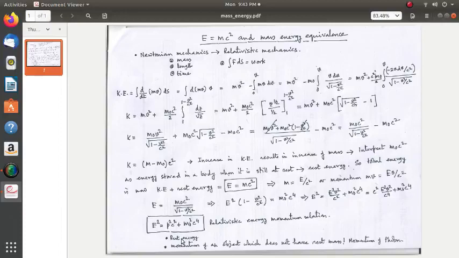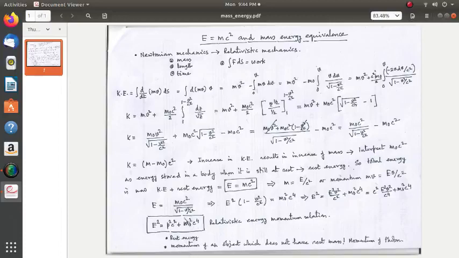On the other hand, if a particle or an object is massless, that is its rest mass is 0, still it can have momentum. So if m0 is 0, then E square equal to p square c square. Because c is constant, that means p is non-vanishing because it has energy. So even a massless object, if it has energy, then it will have momentum.